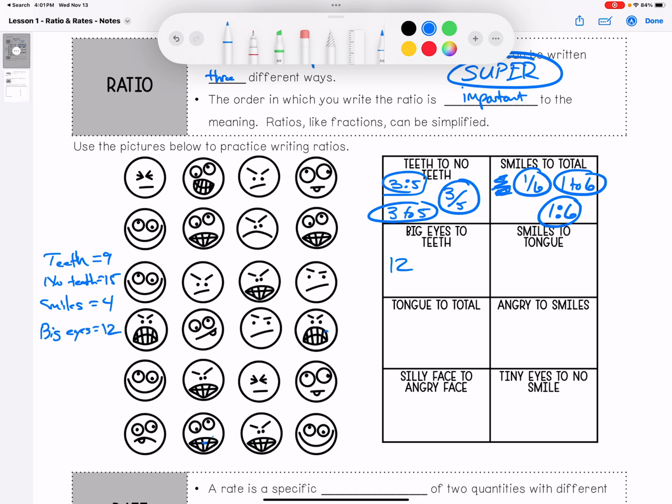12. All right, so what is big eyes to no teeth? It was 12 to 15. Right? Is there 12 big eyes? Oh, no teeth was, how many teeth did we have? 1, 2, 3, 4, 5, 6, 7, 8, 9.